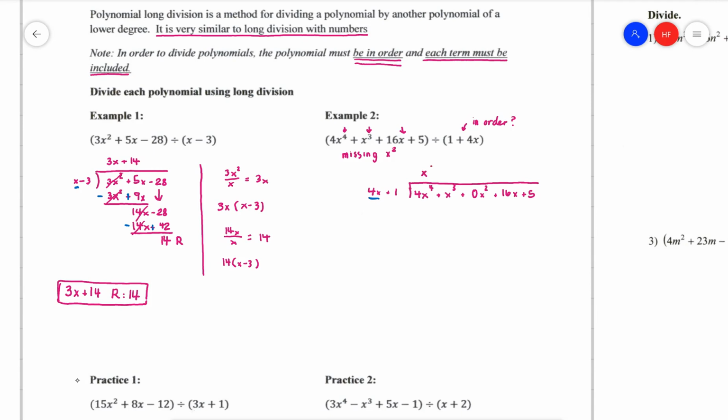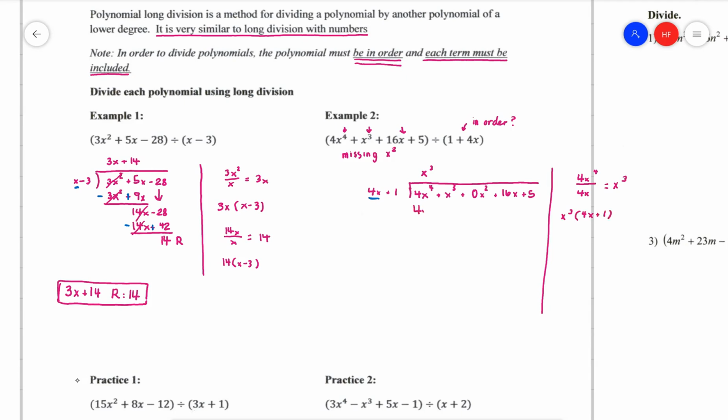x to the 3rd. And again, if you need that scratch work, then you would take 4x to the 4th and divide it by 4x. The 4's will cancel. We get x to the 3rd. Then we'll take that x to the 3rd and multiply by 4x plus 1.